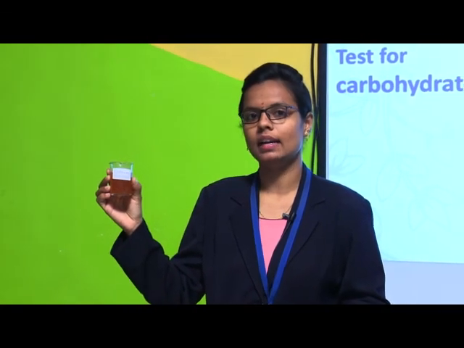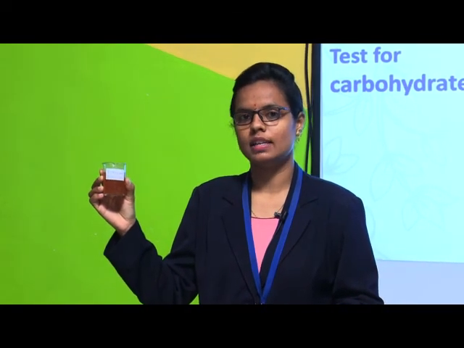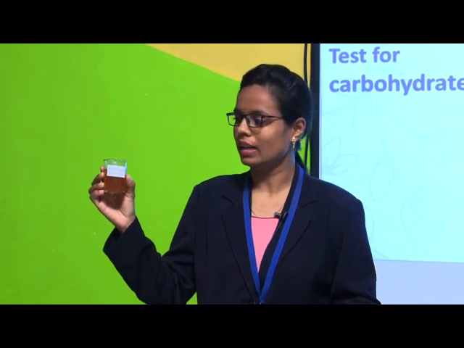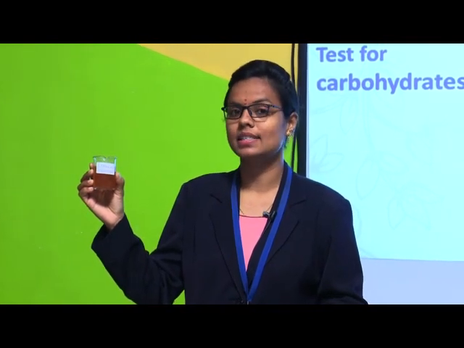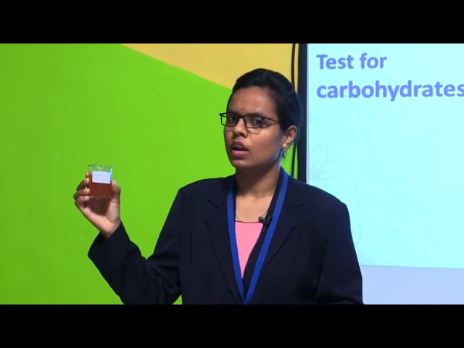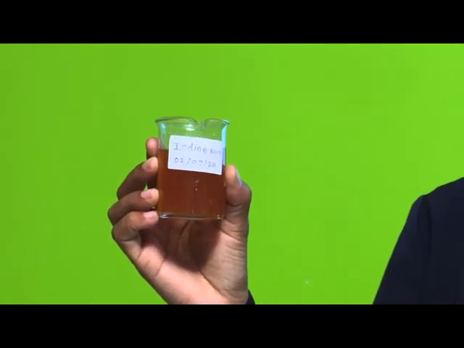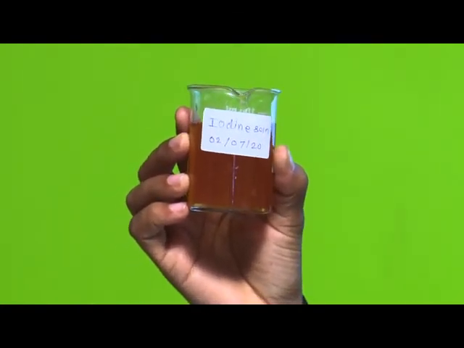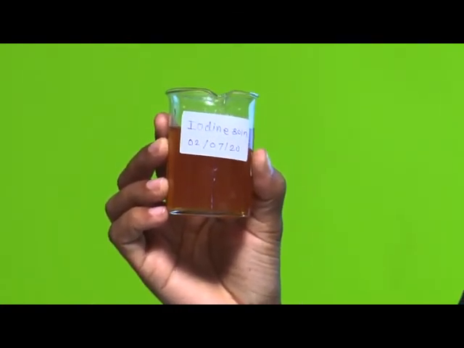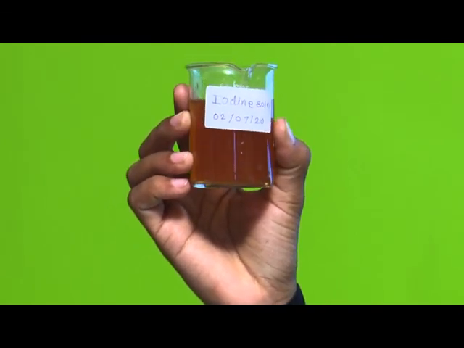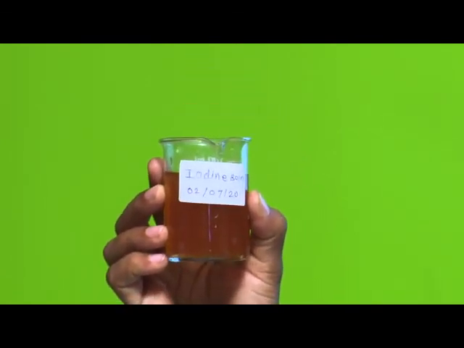So, it gets diluted. If we use the iodine solution as it is, it is called concentrated iodine solution. Instead of using concentrated, we always have to use the diluted iodine solution.